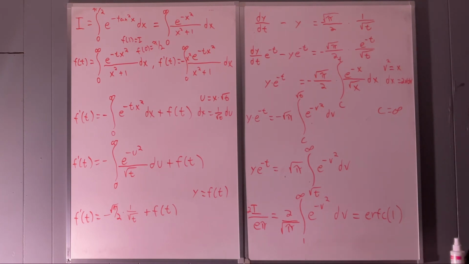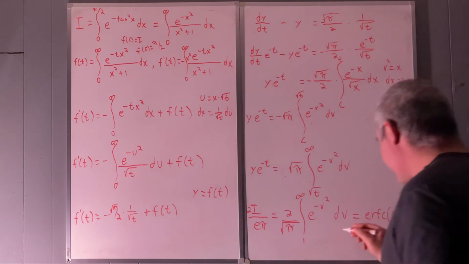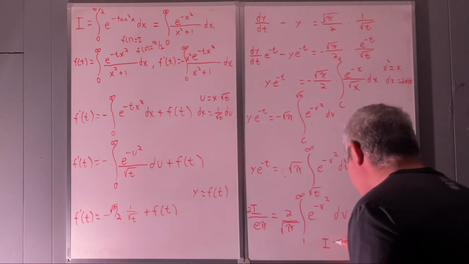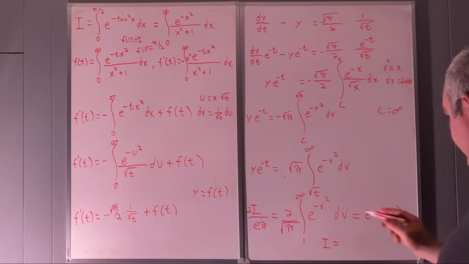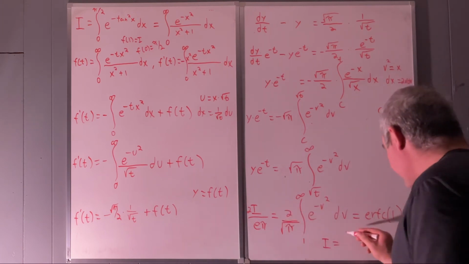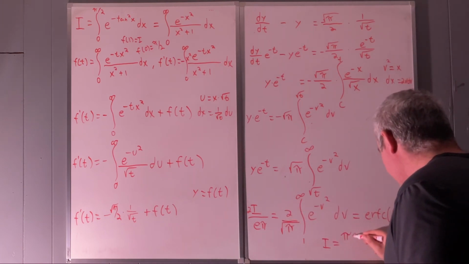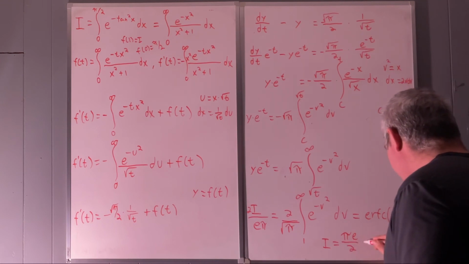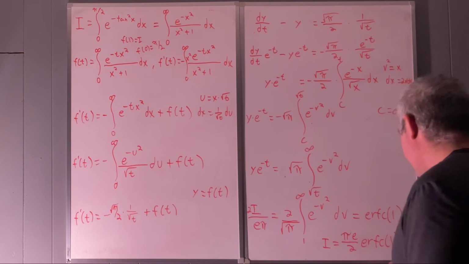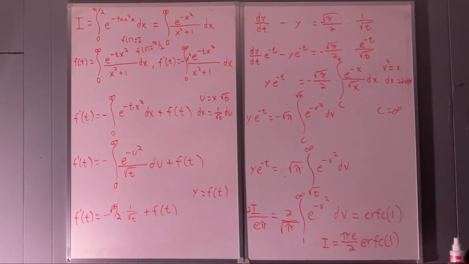So that gives us I being equal to pi e over 2 times erfc of 1. And that's it. That's how you solve that using Feynman integration.